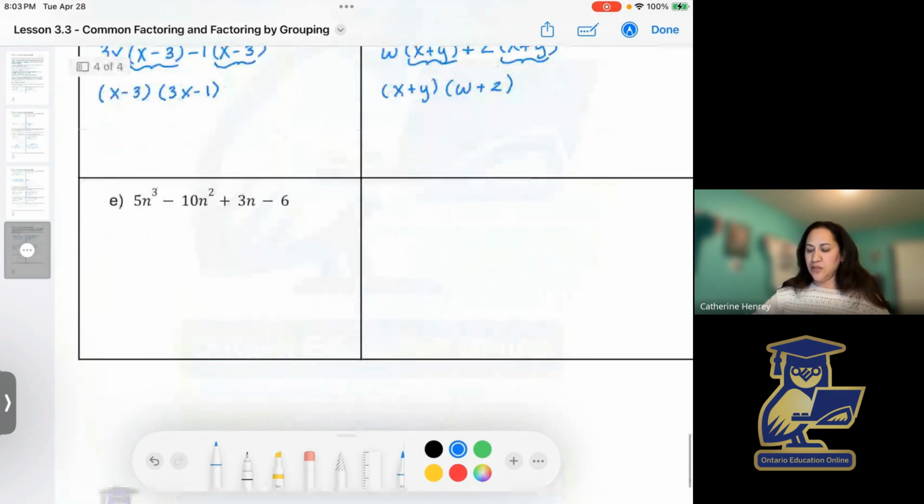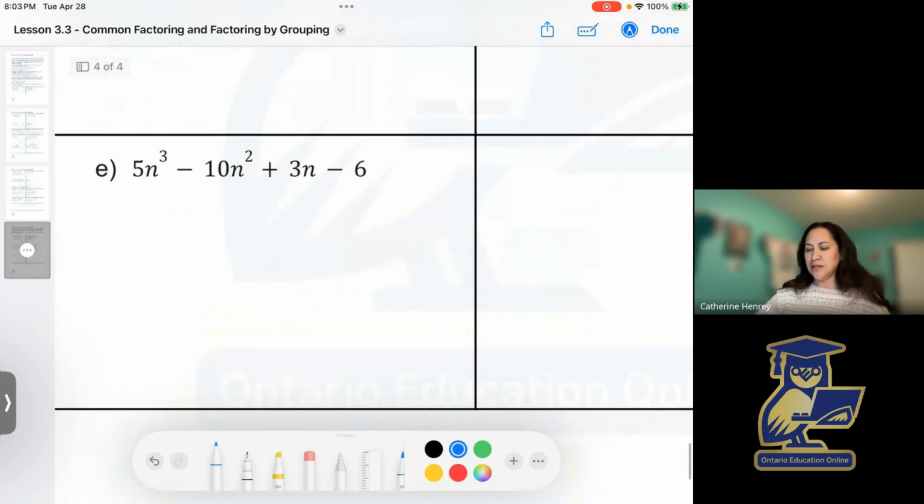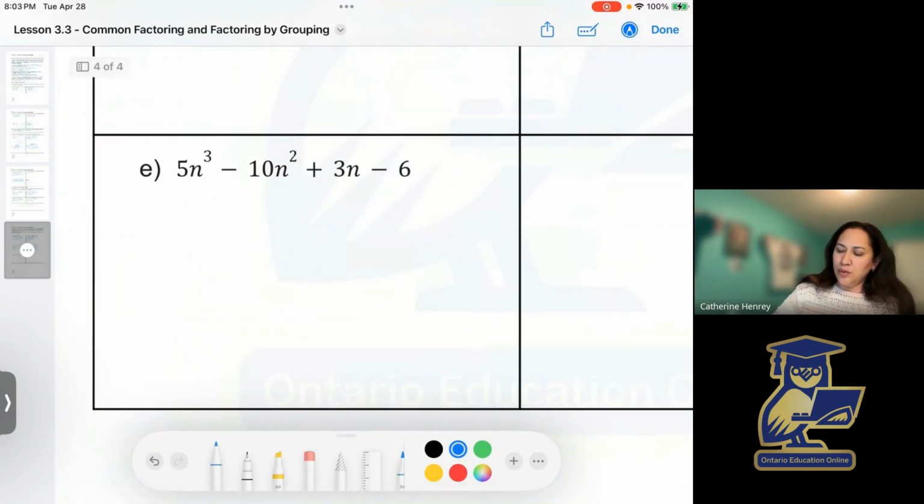Great. We'll just end this with one last example, and we'll group the first 2 and the second 2, and look for a common factor for the first one. I can take out a 5, and I can take out n squared. What's left over is n, and then a minus 2.